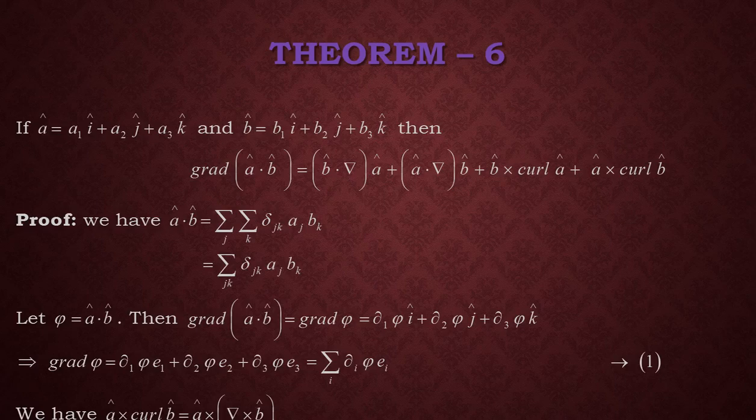This can also be written as grad phi equals dou 1 phi E1 plus dou 2 phi E2 plus dou 3 phi E3, that equals summation sigma over i dou i phi E suffix i. Now this is the representation of the left hand side of the present vector identity.